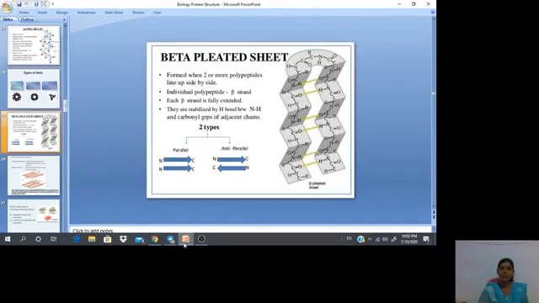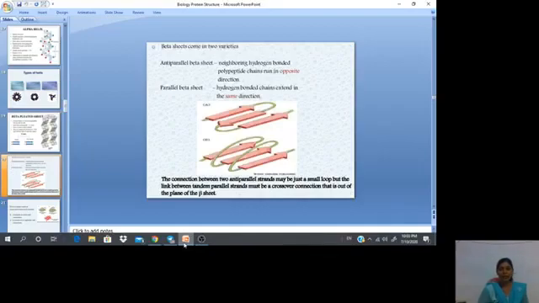Now we will discuss the beta pleated sheet, formed when two or more polypeptides line up side by side as shown in the figure. Each individual polypeptide is a beta strand, and each beta strand is fully extended. They are also stabilized by hydrogen bonds. There are two types of beta sheets, anti-parallel and parallel beta sheets.